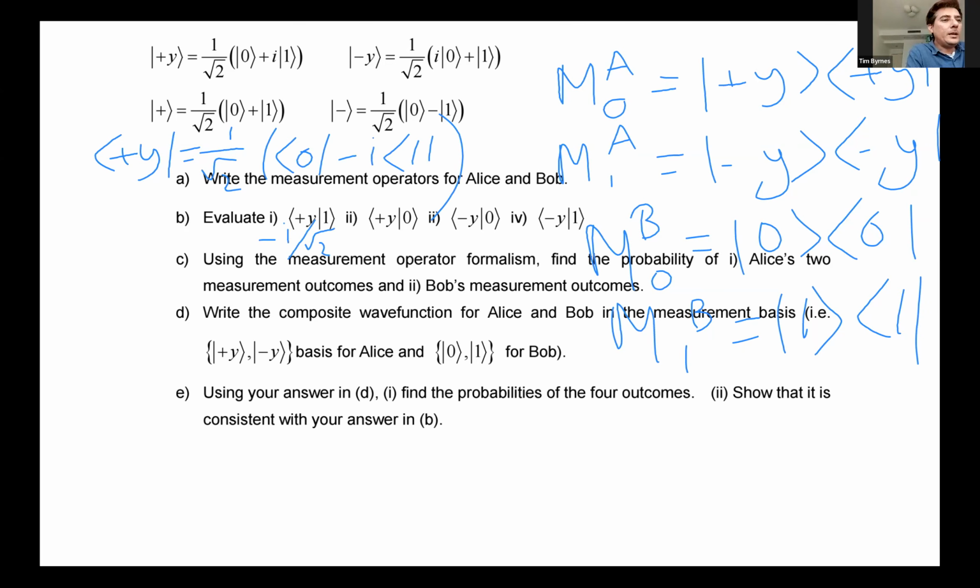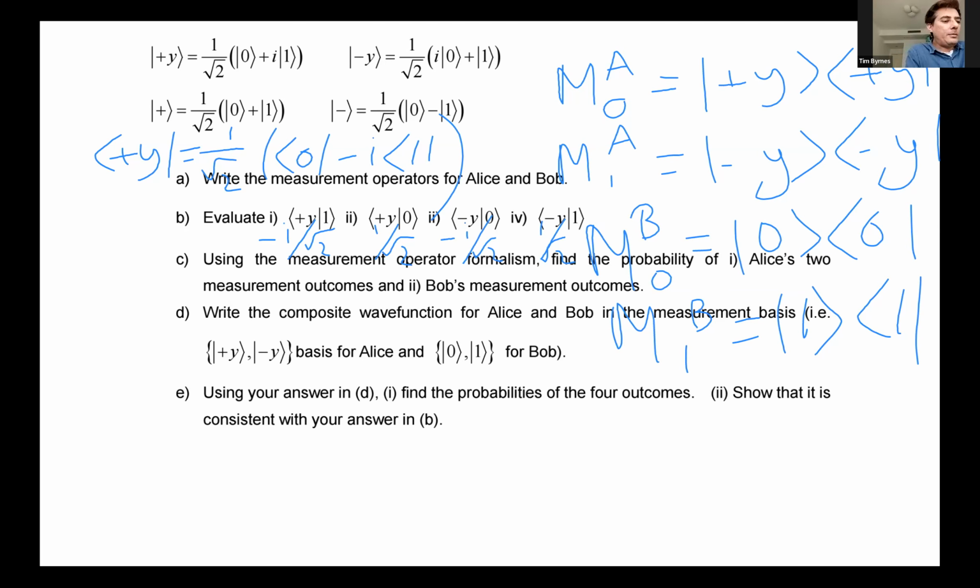This one would be 1 over root 2, and likewise, this one would be minus i over root 2 again, and this one would be 1 over root 2. And then, using the measurement operator formalism, find the probability of Alice's two measurement outcomes and Bob's measurement outcome.